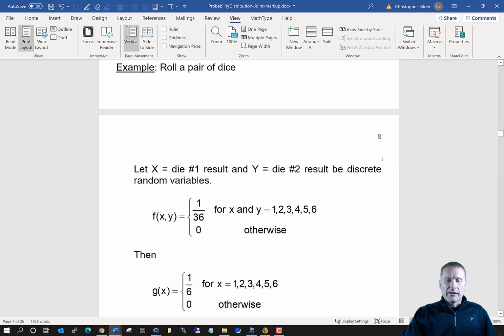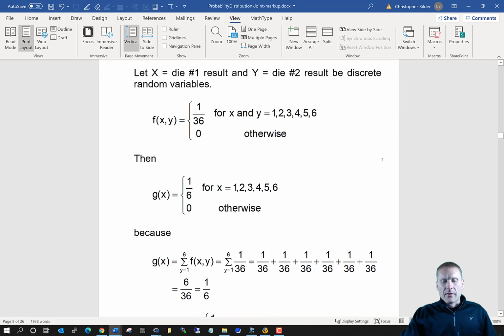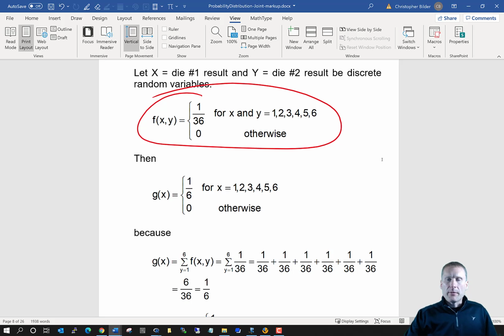Okay, let's take a look at an example. We're going to go back to that rolling a pair of dice example. Here's our joint PDF. Now, if I want to find just the marginal PDF, meaning what I roll on that first die and the corresponding probabilities, what I need to do is sum out all possible values of y.